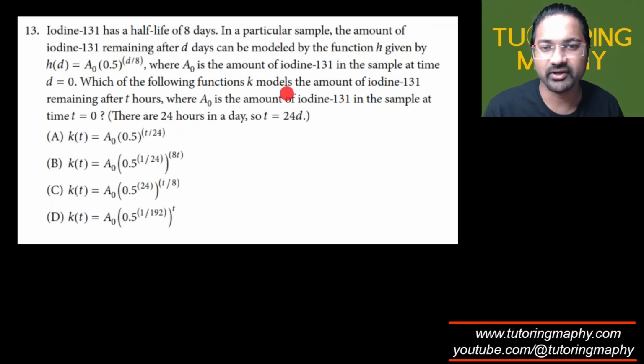Now, which of the following functions K models the amount of iodine remaining after t hours, where A naught is the amount of iodine 131 in the sample at t equal to 0? There are 24 hours in a day, so t is equal to 24d.